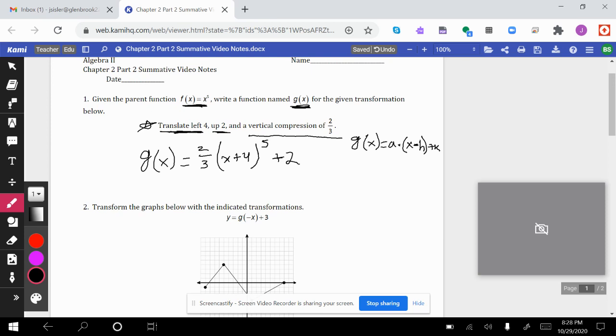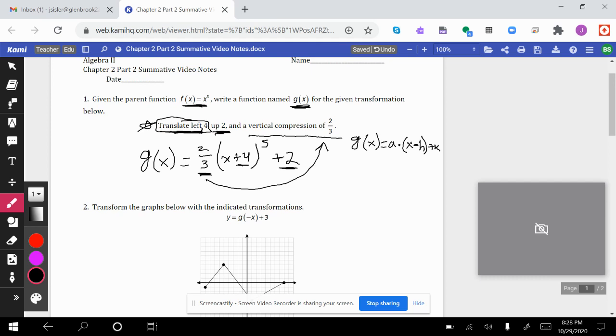Okay, so if we look back to the answer here, we see this 2/3 comes from the vertical compression. This +4 comes from right up here, where we're translating left 4. And this +2 comes from right here, where we're moving up 2.